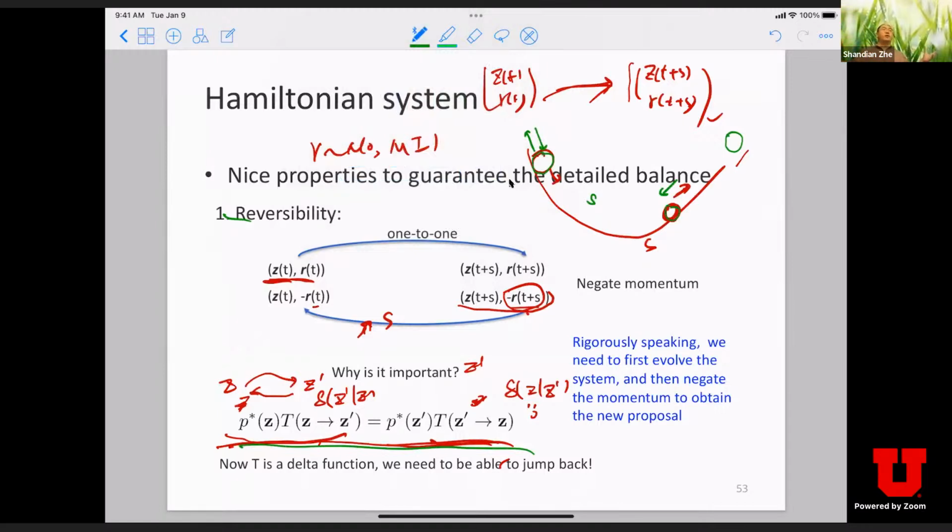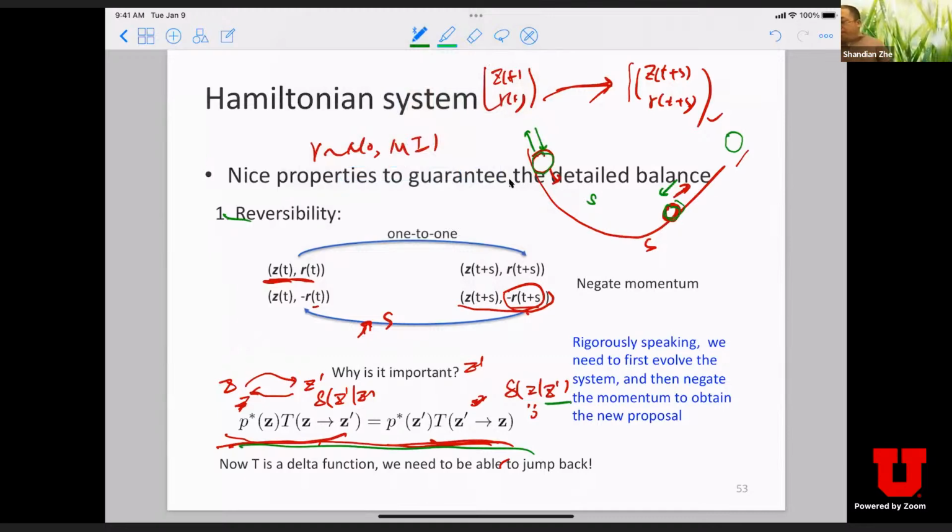If you cannot show that, starting from the new state, you can now go back to the original state, then your detailed balance breaks. And second, how to do this? Just evolving the Hamiltonian system won't be enough, because if you evolve here and do not change the direction, it will just keep going. It won't go back. Any questions so far?